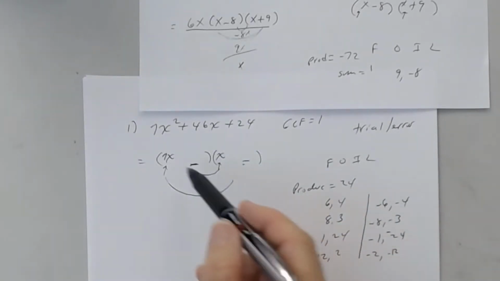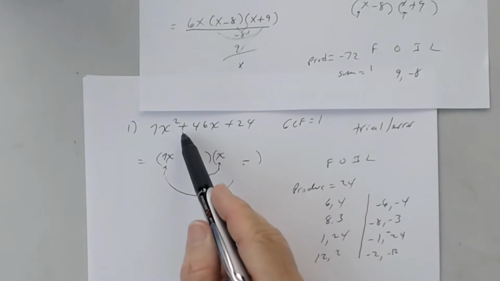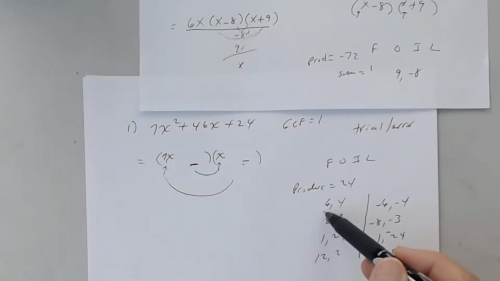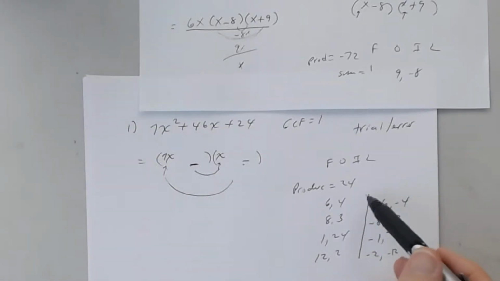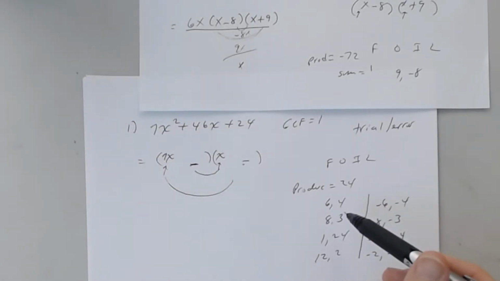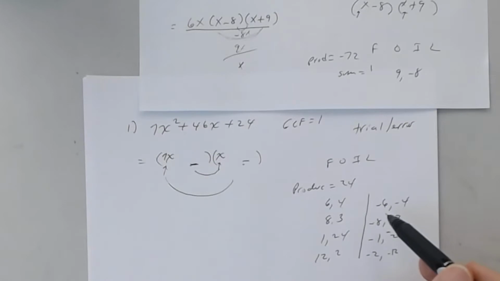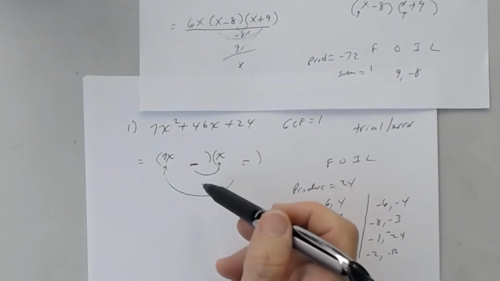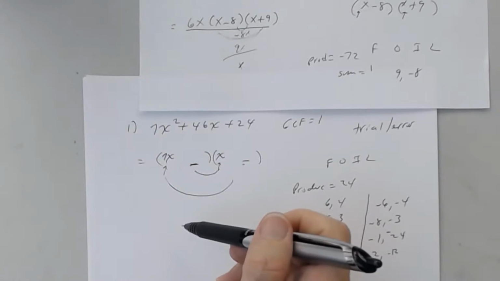Well, what do you think that means about these then? If the middle sign's positive, and I either have to use two positives or two negatives, which one do you think you would have to use? Two positives. You're not going to use two negatives because a negative plus a negative number is what kind of number? Negative.